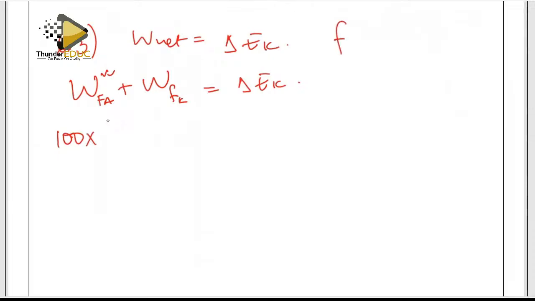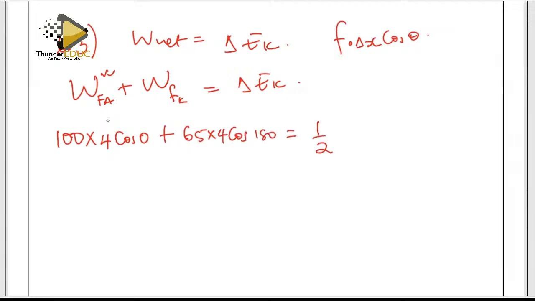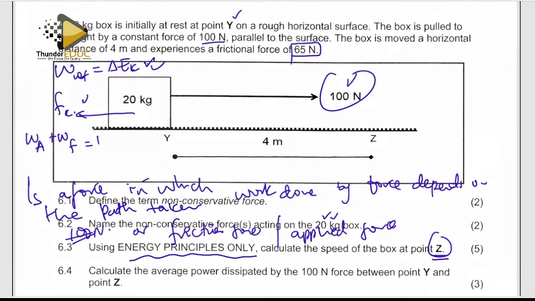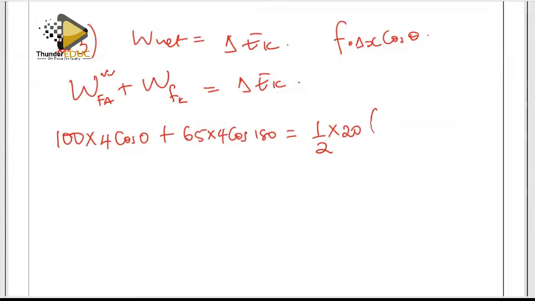We know that work is force times delta x times cos of theta. So 100 multiplied by 4 times cos 0, plus 65 multiplied by 4 times cos 180, should give us a half times the mass, which is 20, into V final squared minus V initial squared, which is 0.